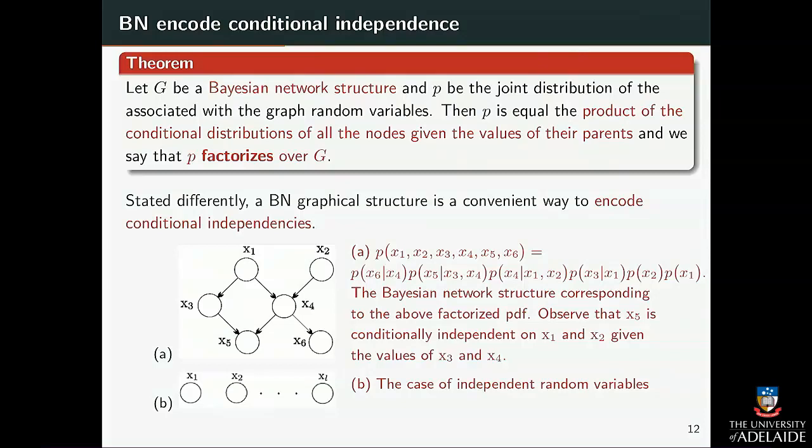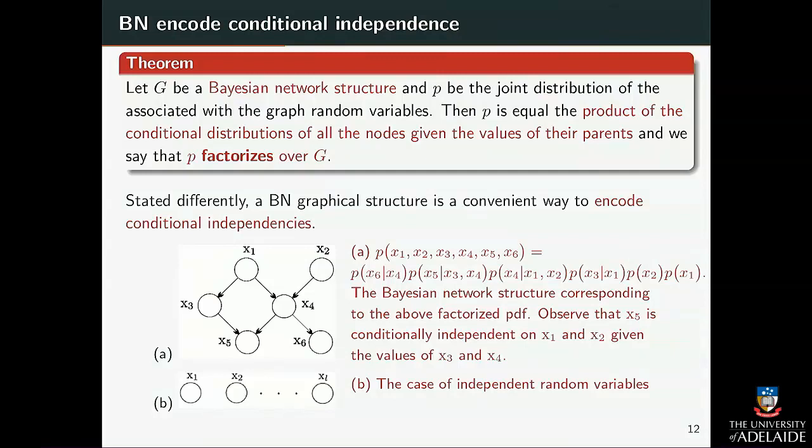But this is essentially the connection. This theorem is the connection between graphs and Bayesian networks. So a certain graph is a Bayesian network structure if the joint distribution can be expressed as the product of the conditional distributions given the values of the parents, right? So it essentially encodes the simplified chain rule that you can utilize.